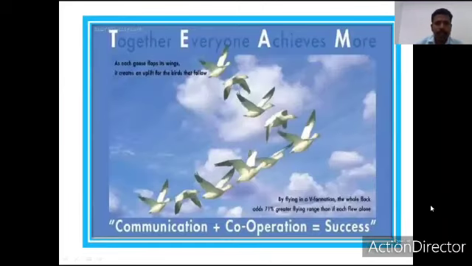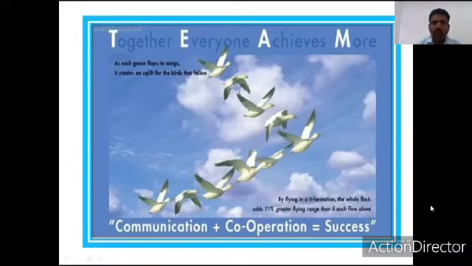Okay. See, in this slide I'm trying to show what we mean by a team, because everybody, I think, is aware of the different full forms of TEAM. This is one important one, which gives a real meaning for a team: Together Everyone Achieves More. Why?